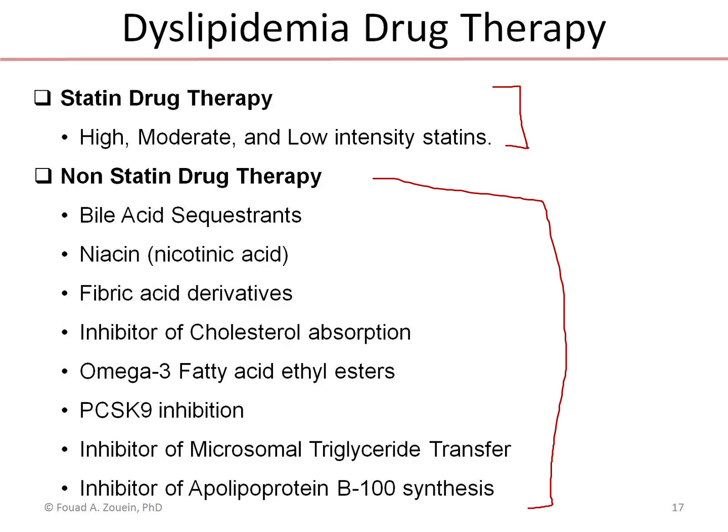The other drugs, the other list of drugs that we see here, are more used either for specific cases, like for example, niacin and fibric acid and omega-3 are used to manage patients with very high triglyceride levels, or inhibitors of MTP here, or ApoB100 synthesis that are used to manage patients with familial hypercholesterolemia where statins are not effective, or the drugs are used as an adjunct to statin.